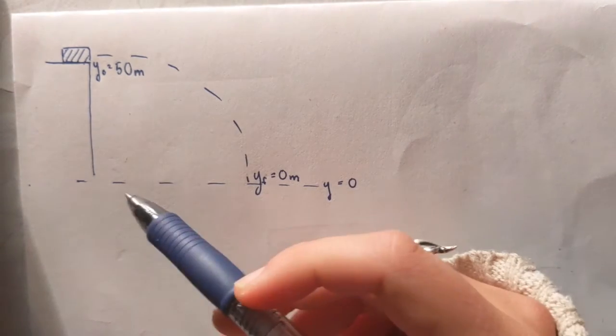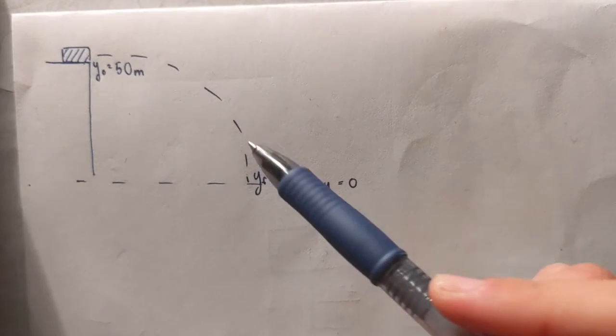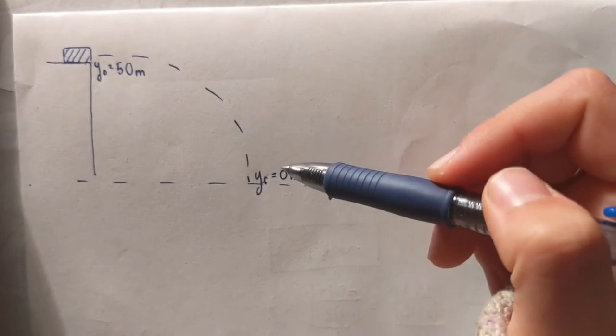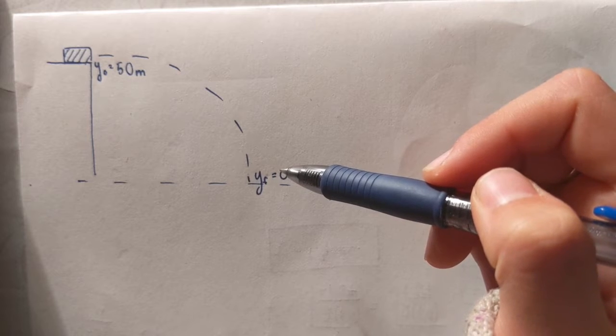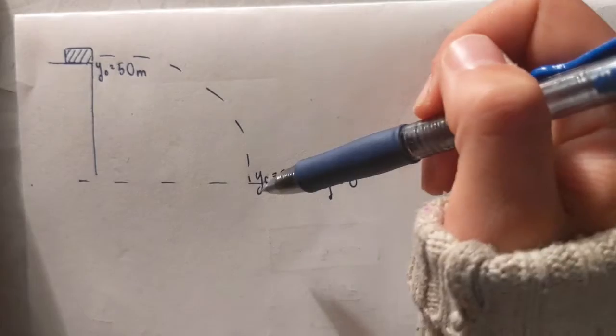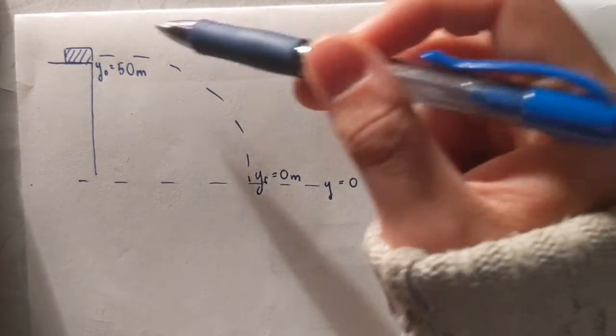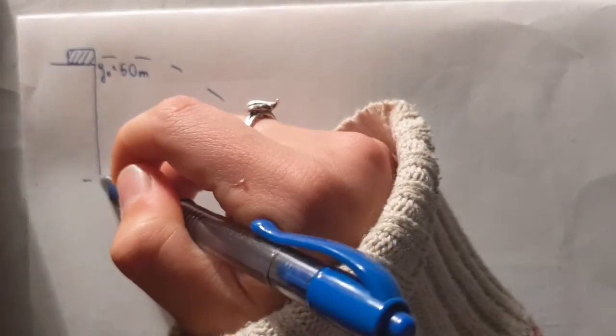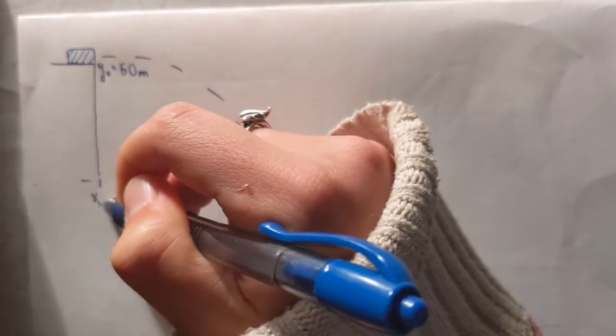A car lands 40 meters from the base of the cliff. What's that saying? The car travels a distance of 40 meters horizontally. If I'm measuring a distance, I need a starting point to measure from. So before I tackle the final horizontal position, I'm going to tackle the initial horizontal position. My starting horizontal position is x naught.